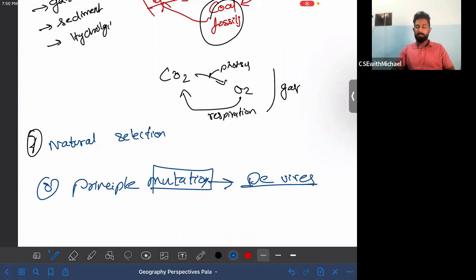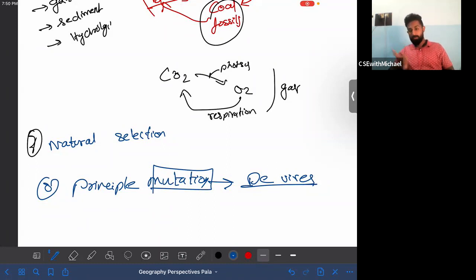De Vries challenged the Darwinian concept of progressive evolution of species on the ground that sometimes the offsprings differ from their parents so markedly that an entirely new species evolves within a single generation.